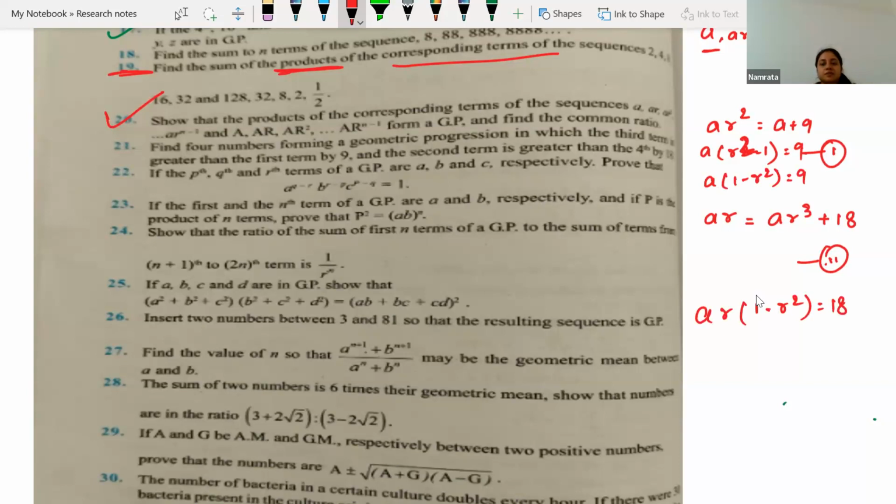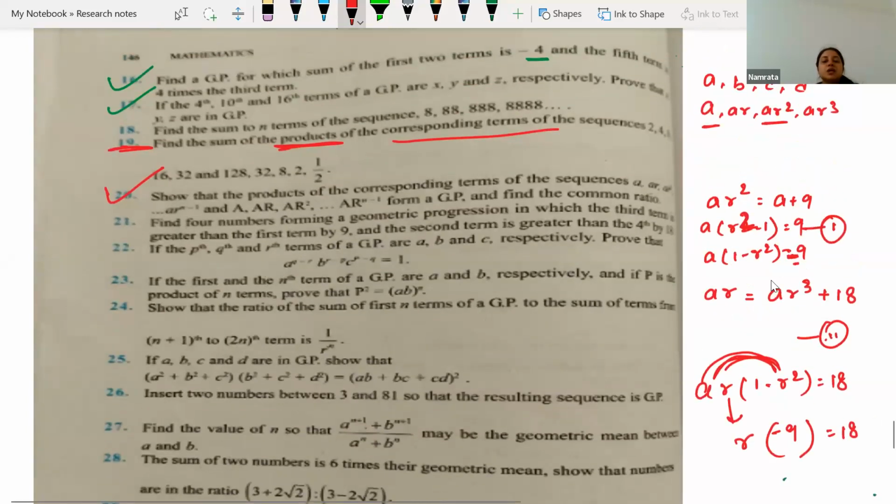Can you see? We can just substitute this a times 1 minus R square value, negative 9, over there. Negative 9. Yes, ma'am. R will remain, because a times 1 minus R square value is negative 9, so it equals 18, and we get R. Once we get R, we can use any of the equations to get the value of a.